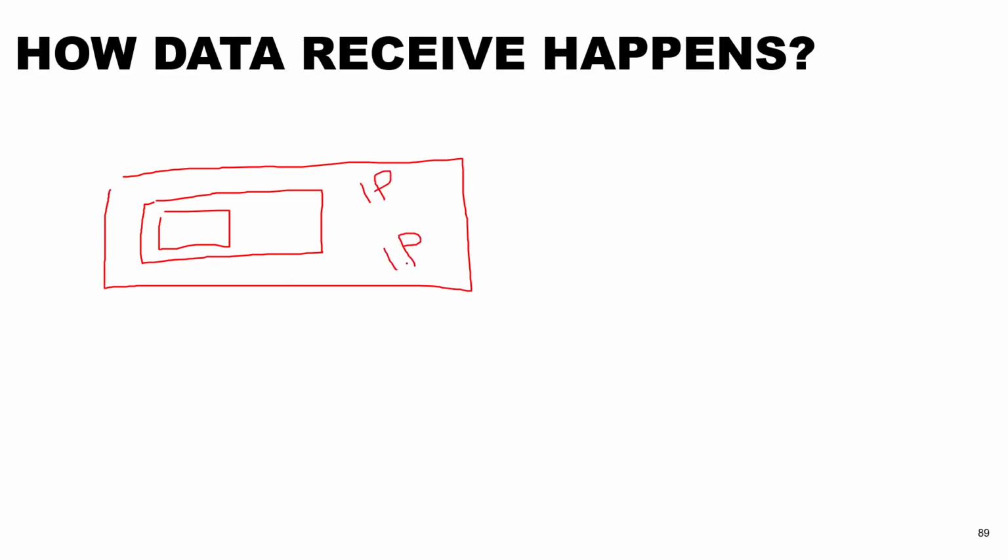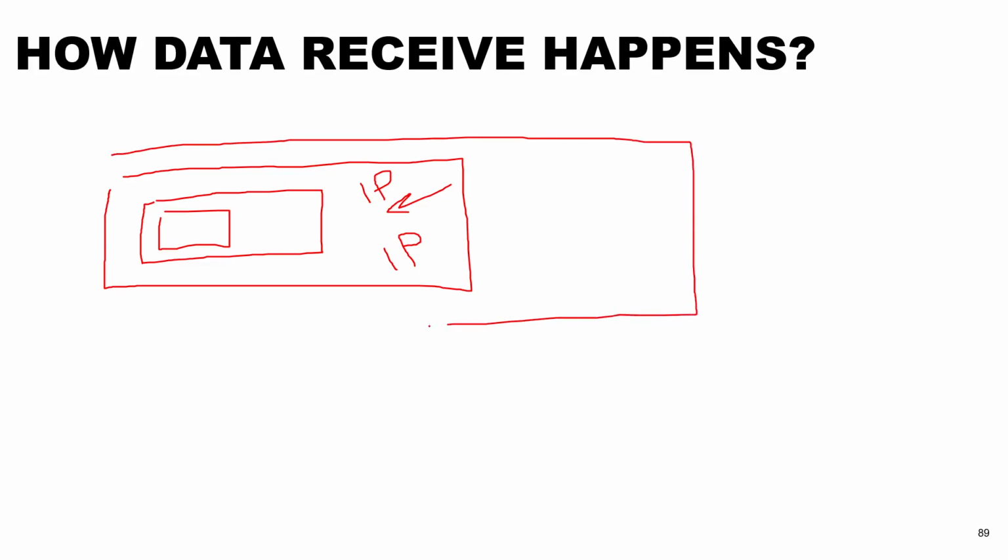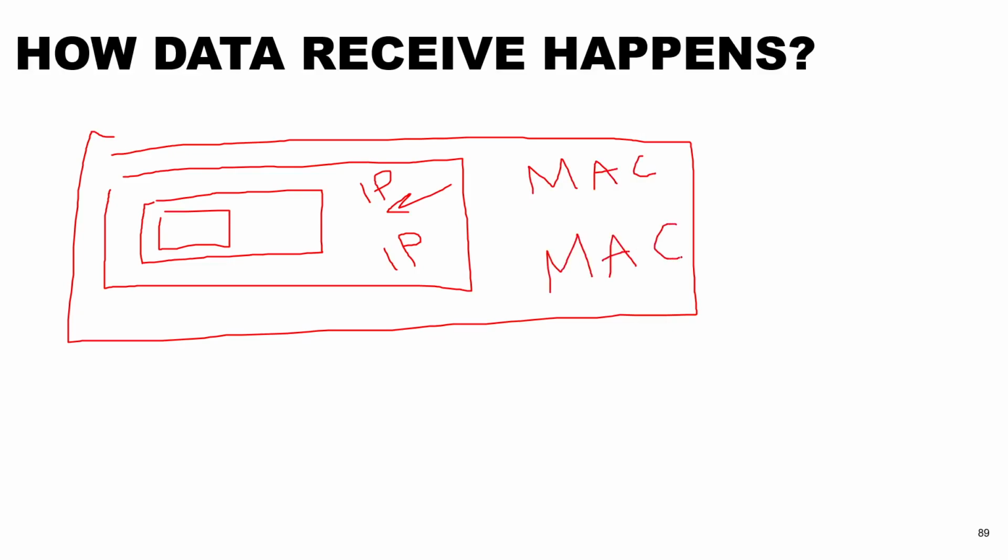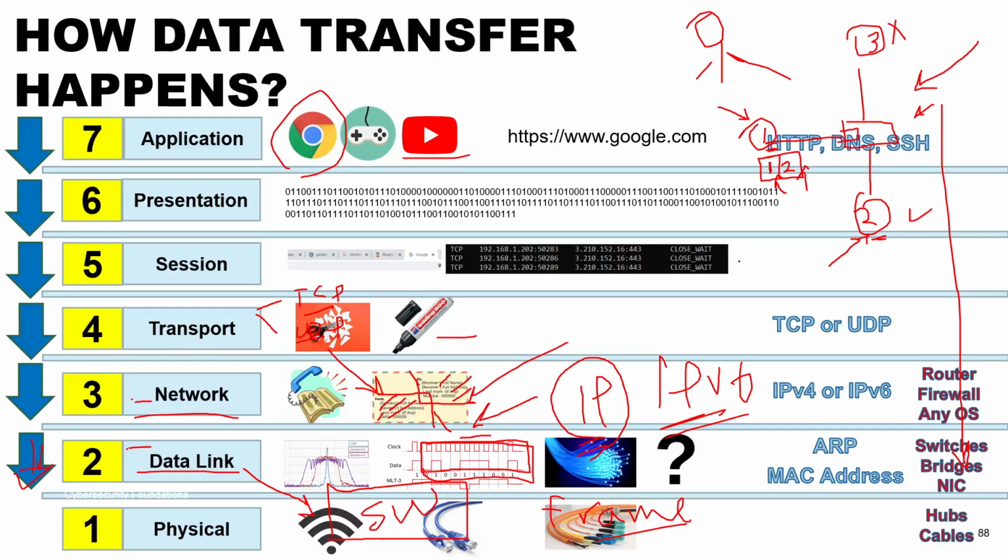But unfortunately, as we are connected through a switch, the switch will not be able to read this particular header. So we add another supporting header called the frame. This frame includes another source address, which is the MAC address of the source, and a destination address, which is the MAC address of the destination. Then we send this data to the switch.